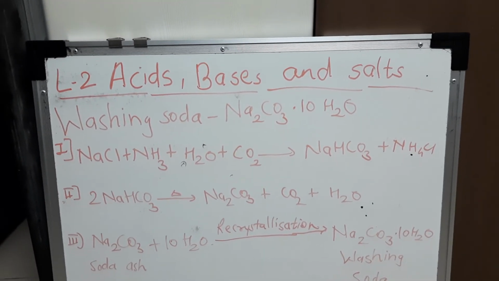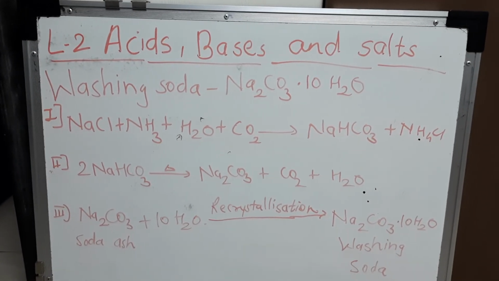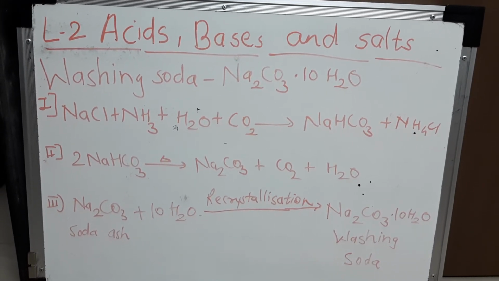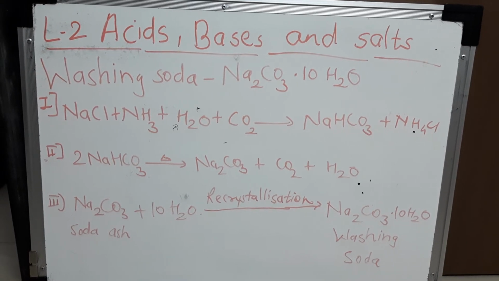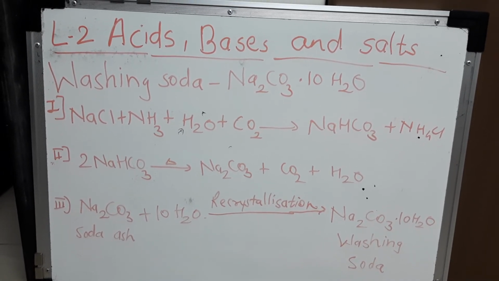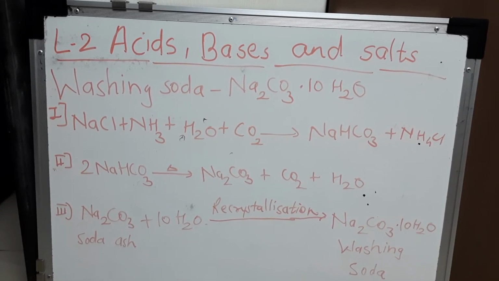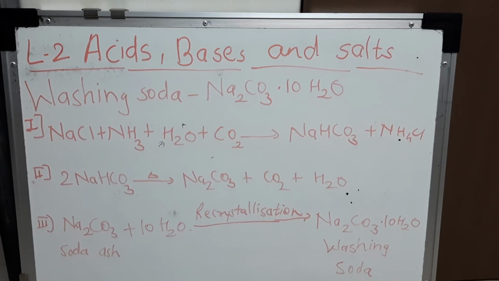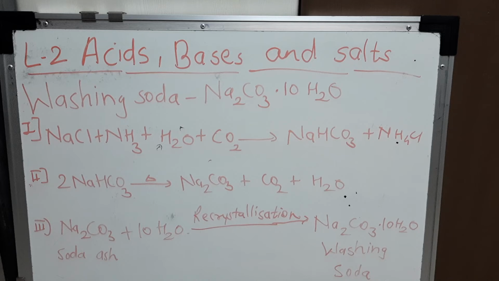Sodium bicarbonate is slightly soluble in water, so it can easily precipitate out. In the second step, sodium bicarbonate is separated by filtration, dried and heated. On heating it decomposes to form sodium carbonate, or we can say anhydrous sodium carbonate or soda ash.